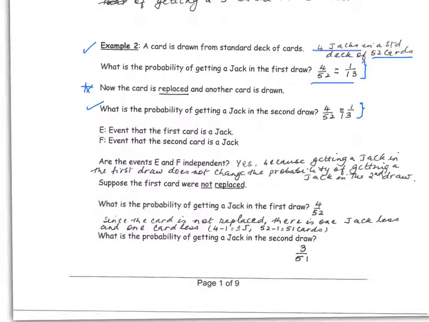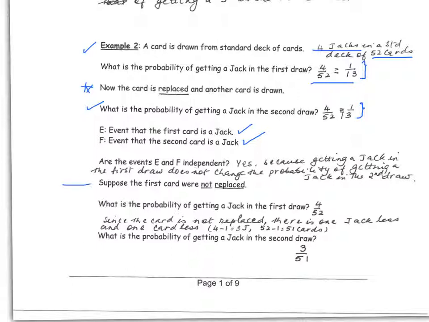So the first event of getting a jack in the first draw and the second event of getting a jack in the second draw are completely independent. Knowing that we got a jack in the first draw does not have any effect on the probability of drawing a jack in the second draw. So the two events are independent, because the first card was replaced before we drew the second card.